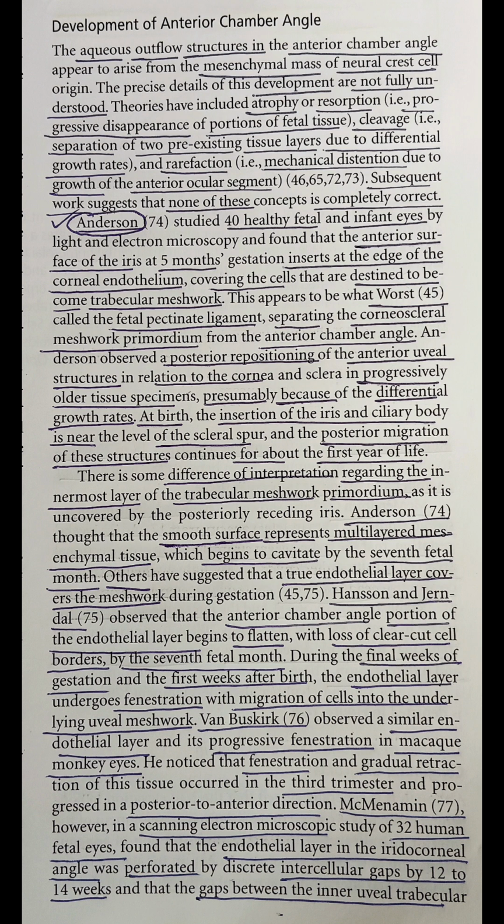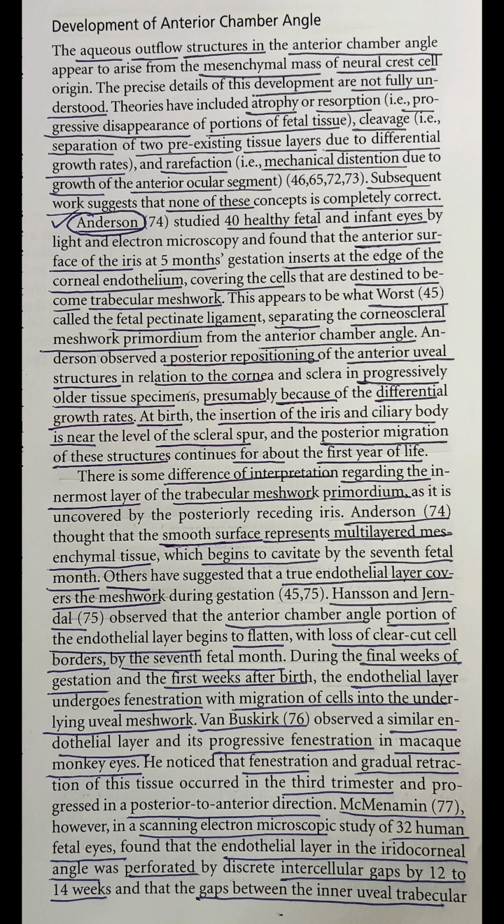Theories have included atrophy or resorption, that is, progressive disappearance of portions of fetal tissue; cleavage, that is, separation of two pre-existing tissue layers due to differential growth rates; and rarefaction, that is, mechanical distension due to growth of the anterior ocular segment. Subsequent work suggests that none of these concepts is completely correct.